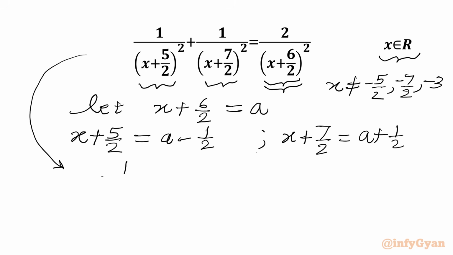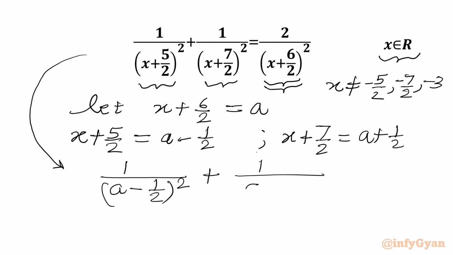I will write 1 over x plus 5 over 2 whole square, a minus half whole square, plus 1 over a plus half whole square, equal to 2 over a square. Now we have to simplify the left hand side.